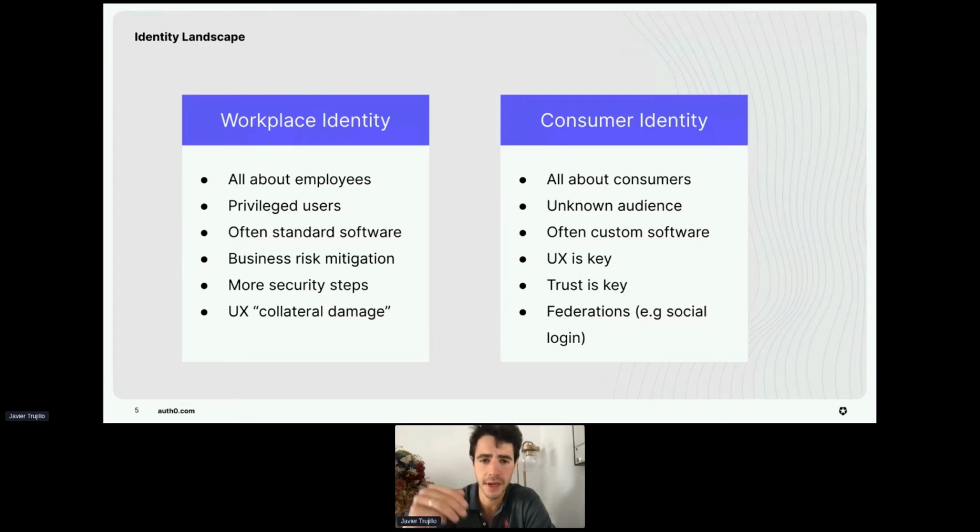For convenience, and also security, what's going to happen is that users will want to reuse their existing social media accounts for login, which is actually also beneficial for both sides, because from the service provider side, it allows you to gather additional information without having to explicitly ask the user about it.